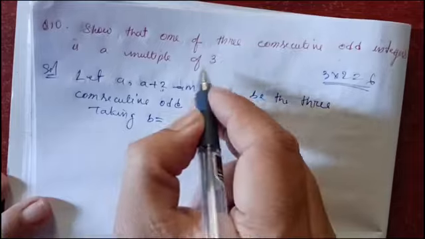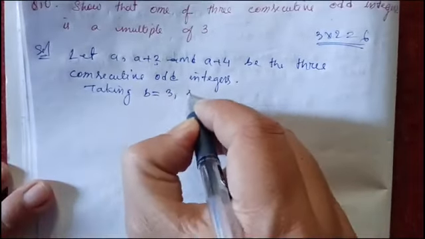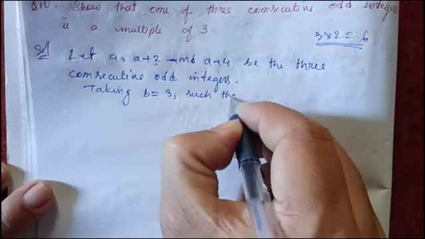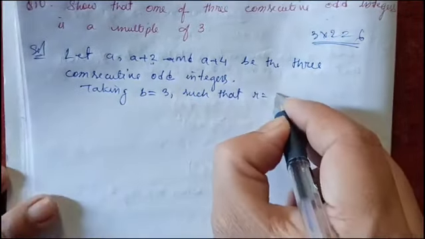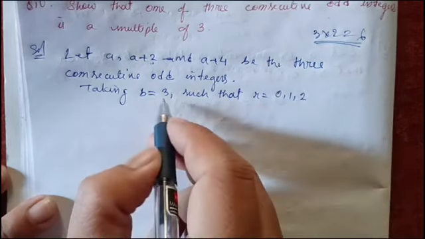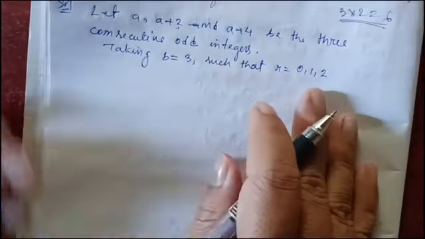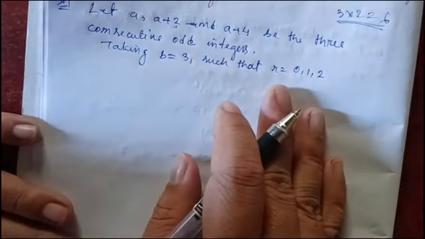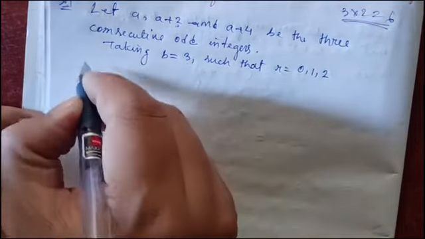Then taking b equal to 3, such that if b is 3, r can be 0, 1, and 2. We cannot write 3. Then we can start our calculation.